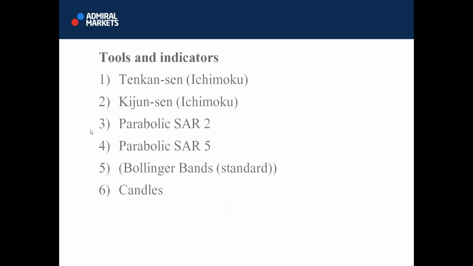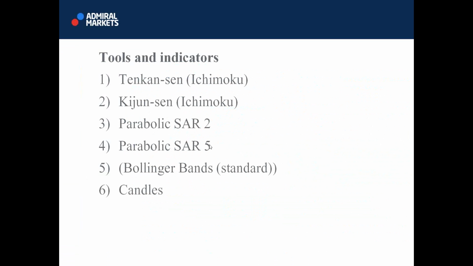So what tools and indicators are used? The Tenkan Sen and the Kijun Sen, those are both from the Ichimoku, and the rest of the Ichimoku is deleted. So I don't use the Chikou Span, the Kumo Cloud, and the other elements. I always forget their names, but the other 3 elements are removed.